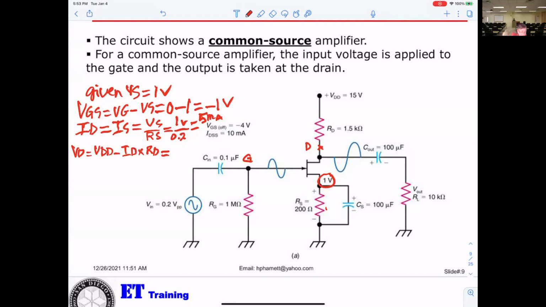Okay, one student gets 7.5 volts. Yeah, because it's 5 milliamps times the 1.5K, and that's 7.5. And 15 minus 7.5 is 7.5.